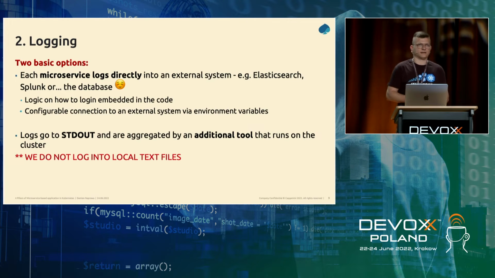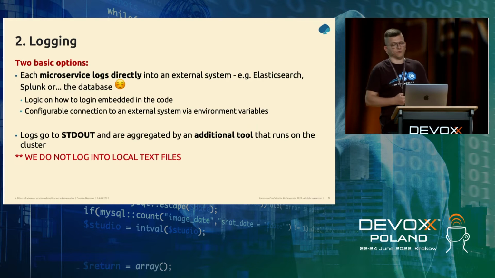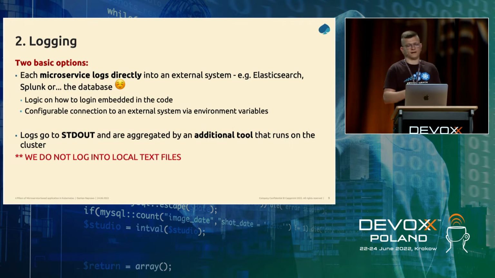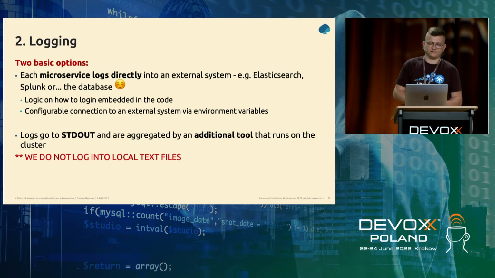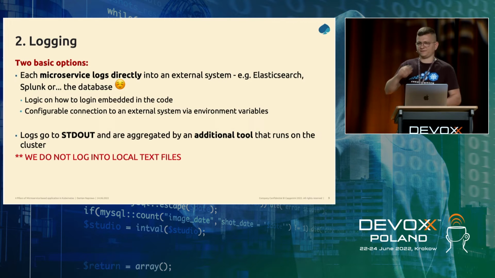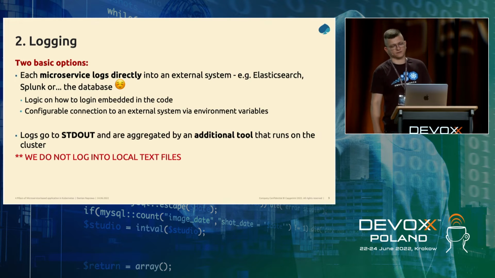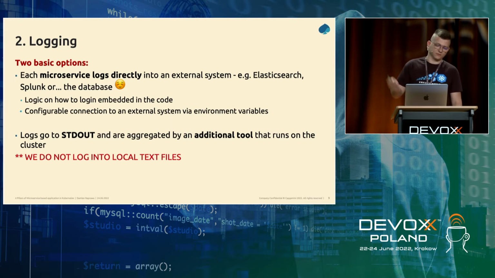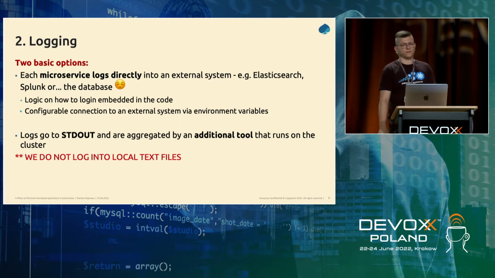This is, let's say, a kind of obsolete approach from VMs, where we had a big log file and everything went to this one file, or even multiple files, for instance, separated by each day. So we have a separate txt file with the date in the naming convention, right? This is not the case when it comes to Kubernetes, the cloud-native world. So please remember, do not log into local text files.